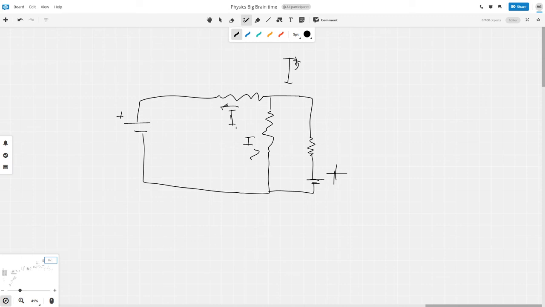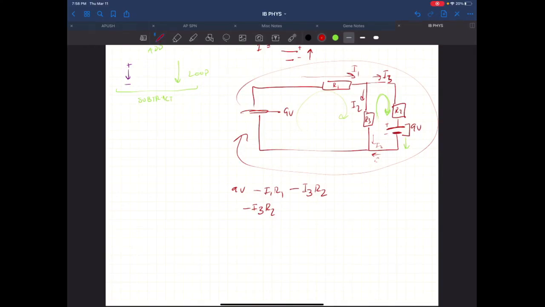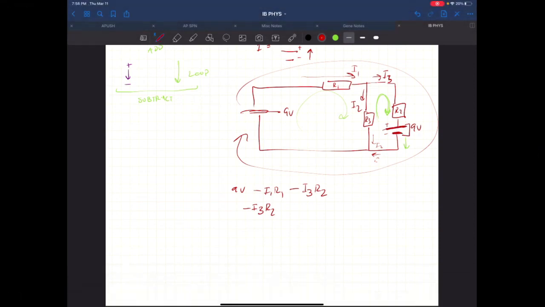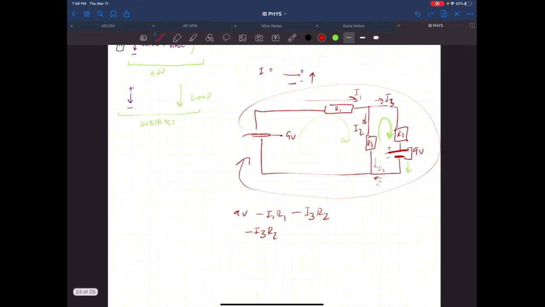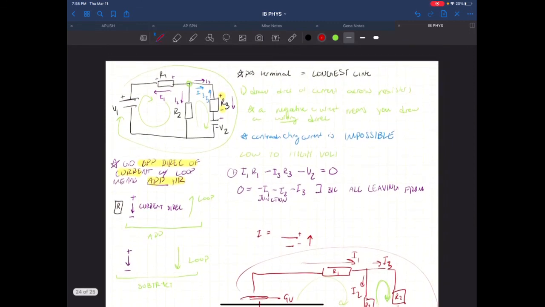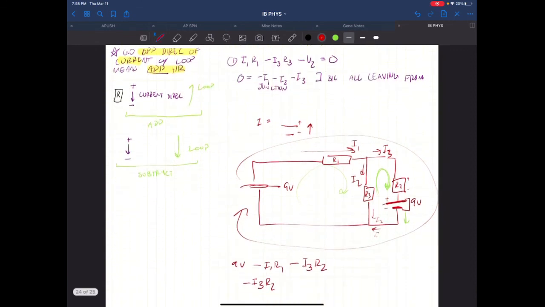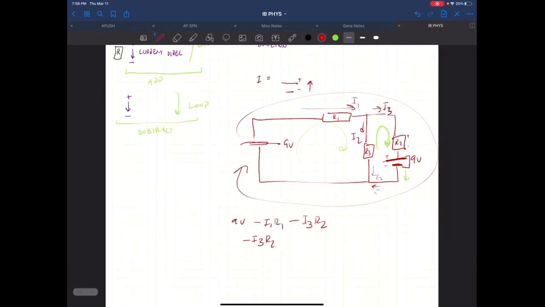If you're doing the loop in the second, couldn't you do it starting at the battery?